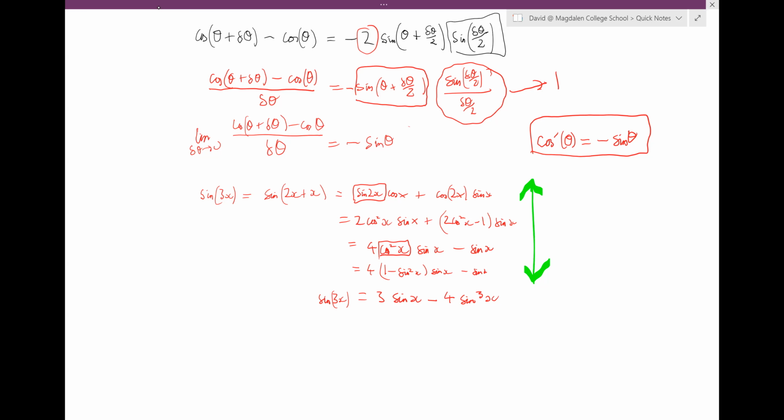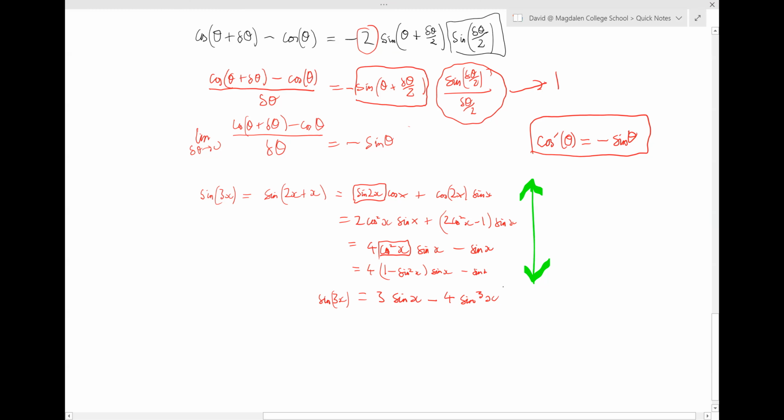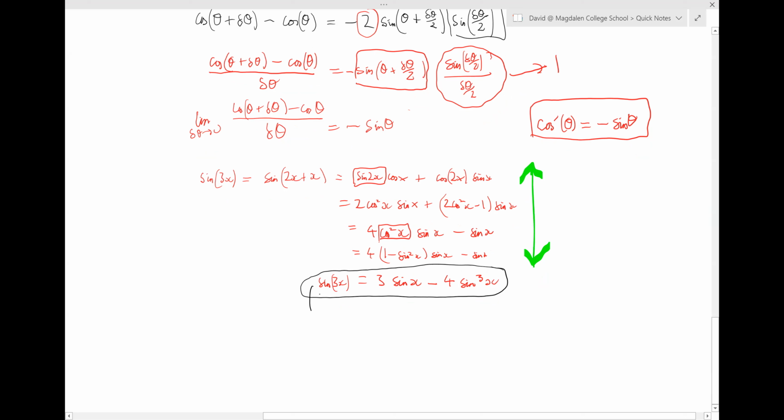If I've proved the result for sine 3x, then if I differentiate on the left, I just get 3 cos 3x. If I differentiate on the right, sine x goes to cos x, and sine cubed x differentiates to make 12 sine squared x cos x. I've just done the chain rule.